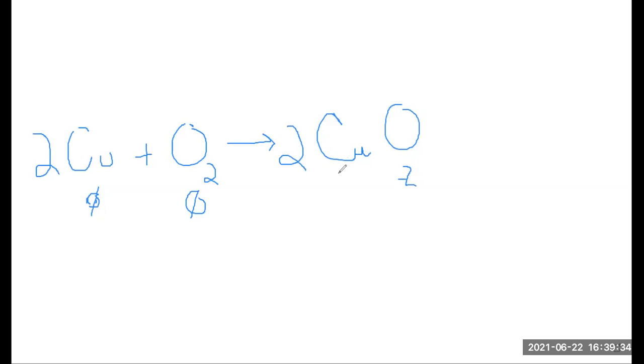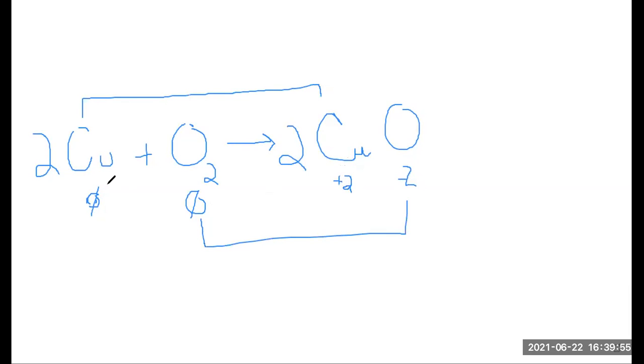And that makes my coppers +2. And then I'm going to connect them. I'm going to connect my copper, and I'm going to connect my oxygen. And I'm going to read them in the direction of the arrow.